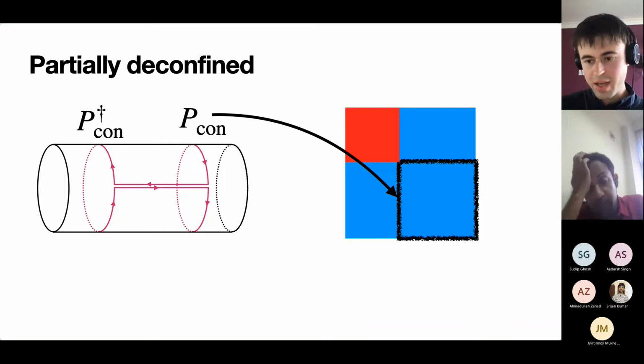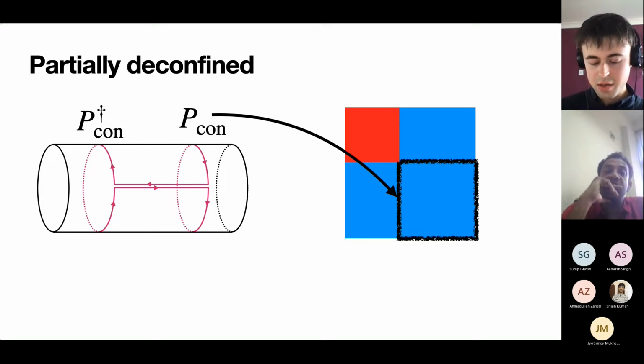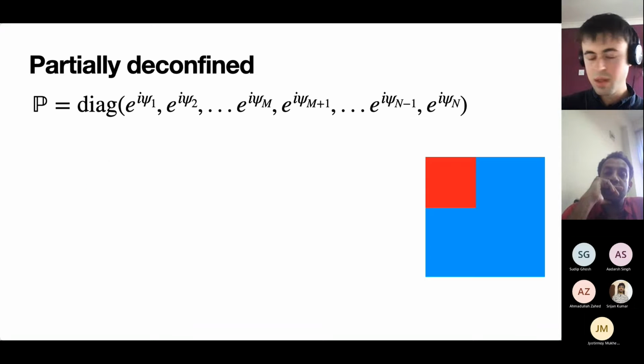For the partially confined phase, we conjecture that the confined subsector and the deconfined subsector behave differently. And so we want a way of being able to probe the different sectors. The way we do that is as follows.